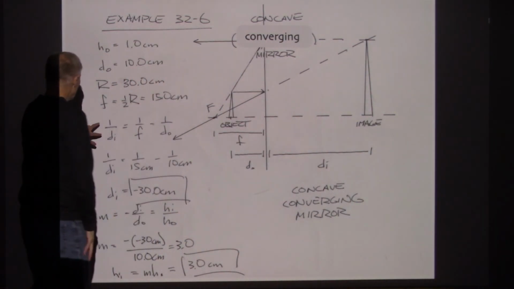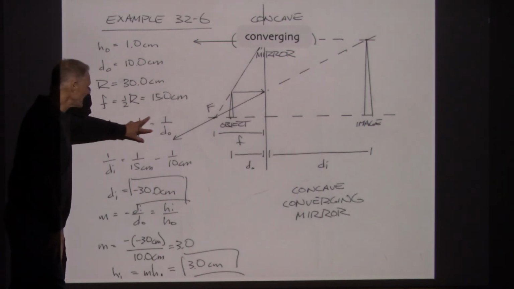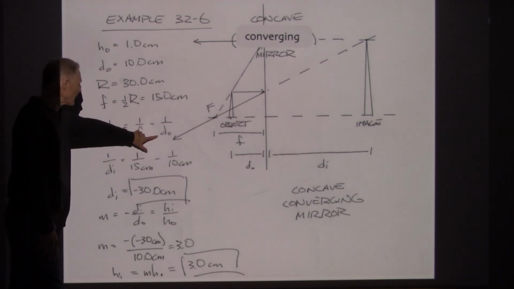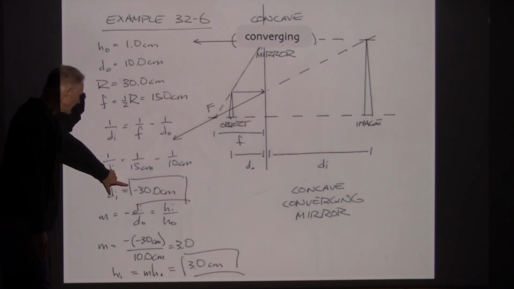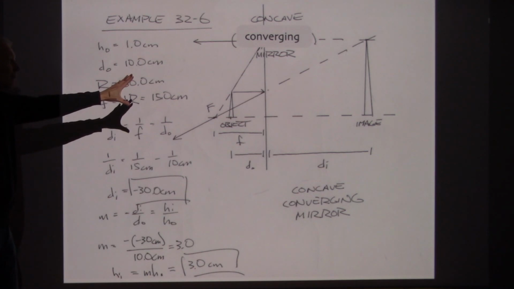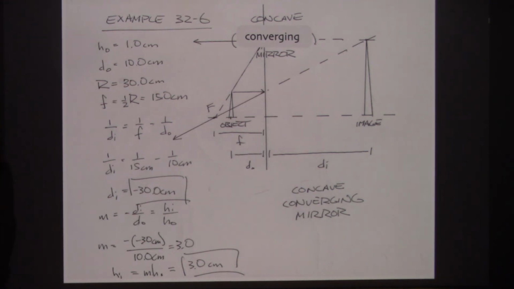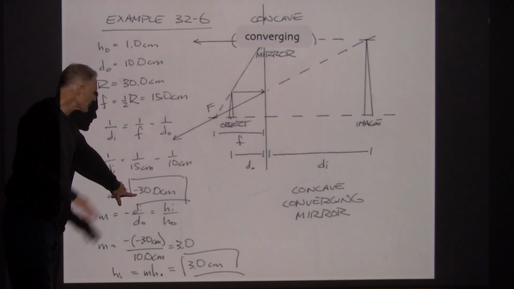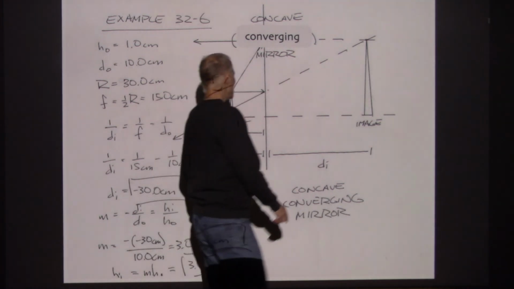So, plugging into the formulas, just taking the numbers that we've been given for the focal length and for the object distance, it gives us an image distance of negative 30. Now I'm looking back at my diagram, and I'm thinking, yeah, that's very encouraging. It does appear that negative 30 is a perfectly reasonable distance.